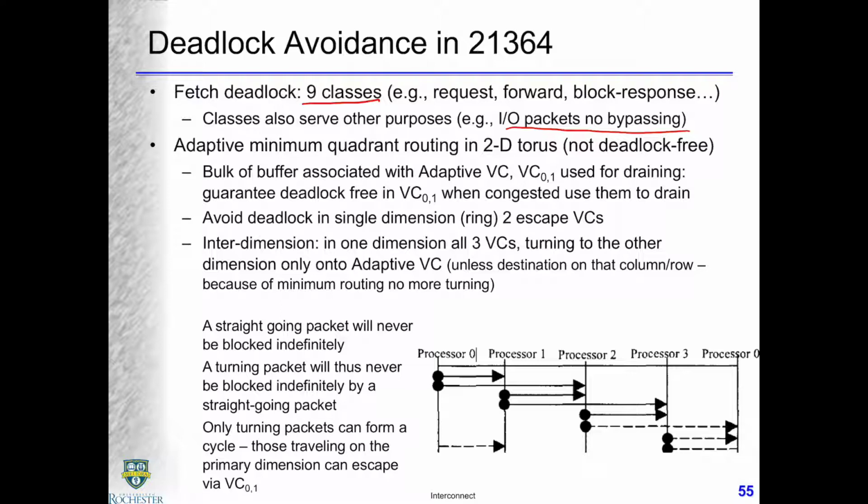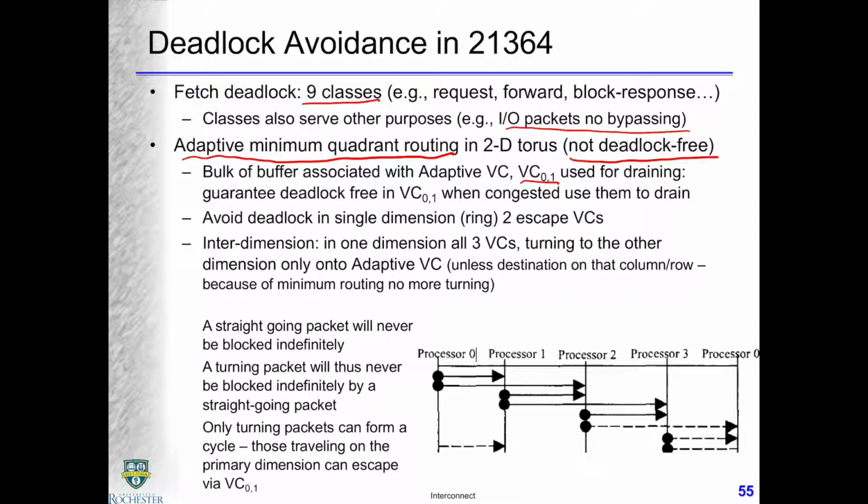They have adaptive minimum quadrant routing. Still remember that? We do minimum routing, so we don't allow you to misroute, but it is adaptive. So it's not therefore deadlock free. It's not dimension order routing, so it's not guaranteed to be deadlock free. The bulk of the buffers are associated with the adaptive VCs, meaning VC 0 and 1, they're adaptive.